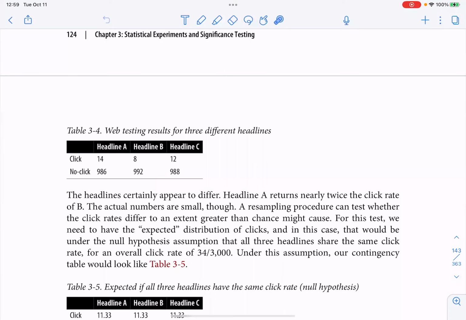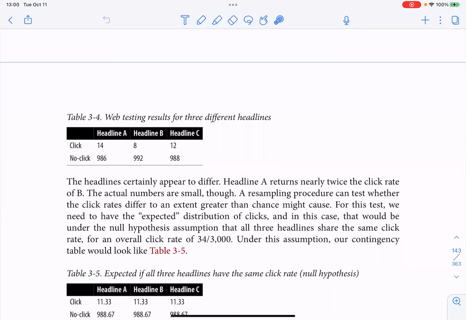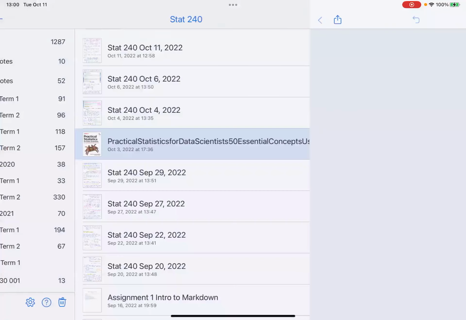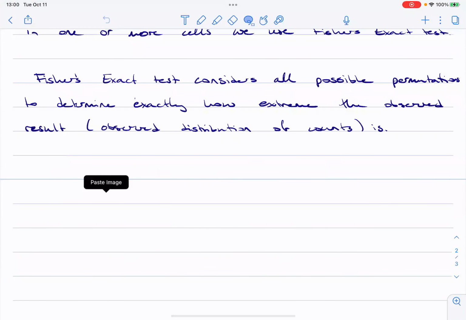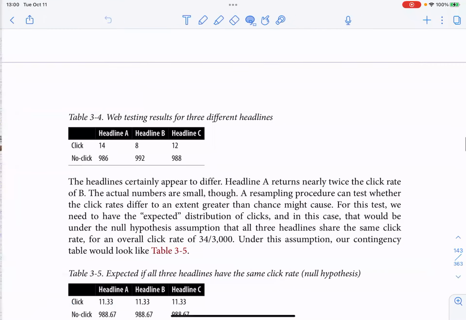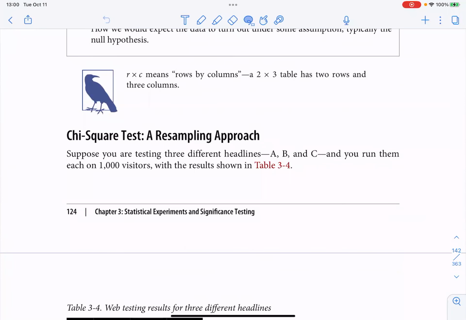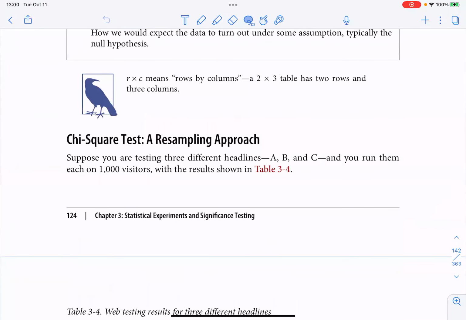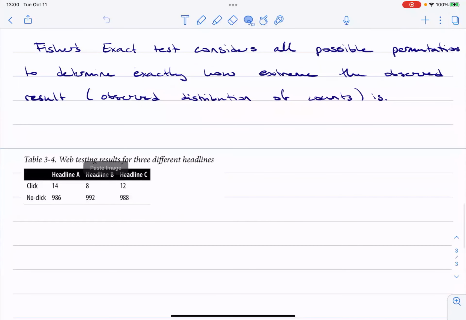And so now I see that I have 14 clicks, 8 clicks, and 12 clicks. So I have more than 5, so that's good. So now I can do this permutation test. Let's use this example.